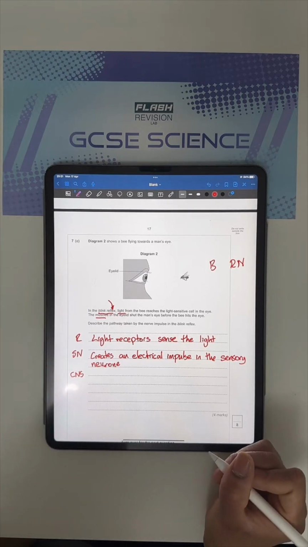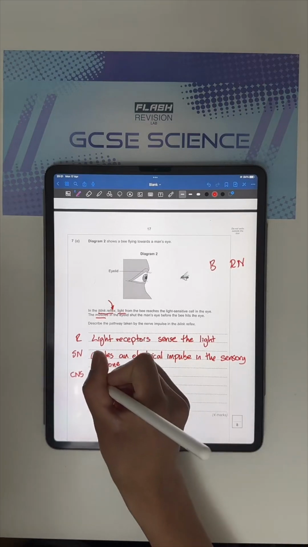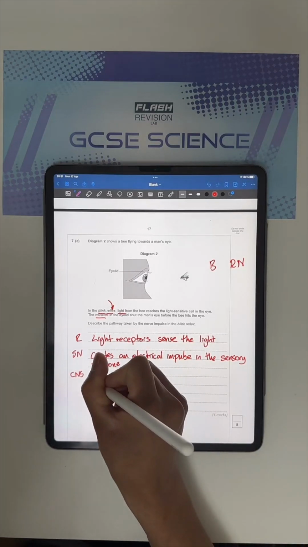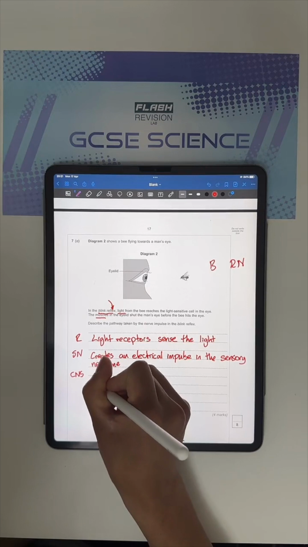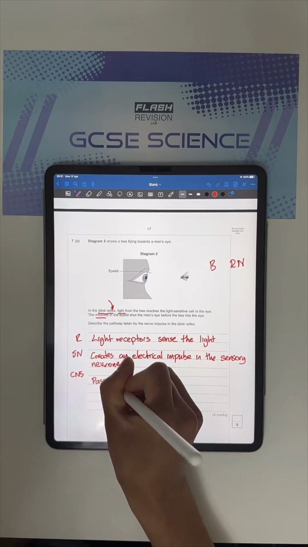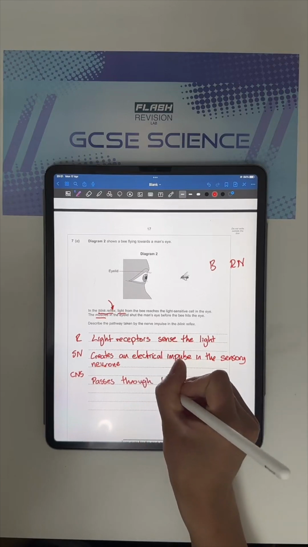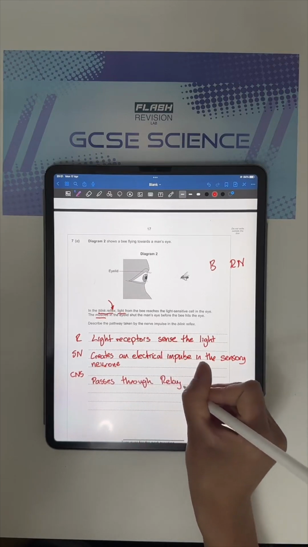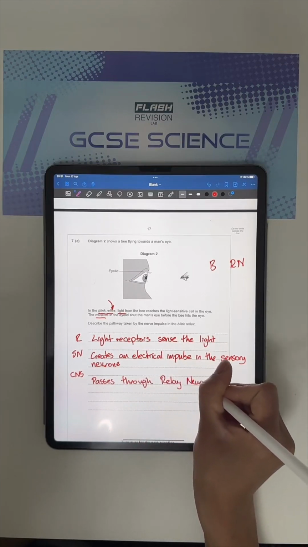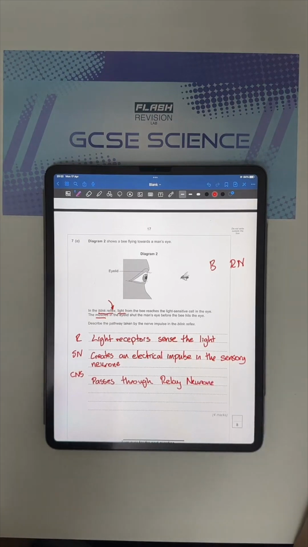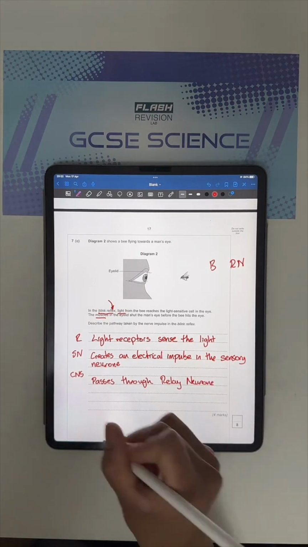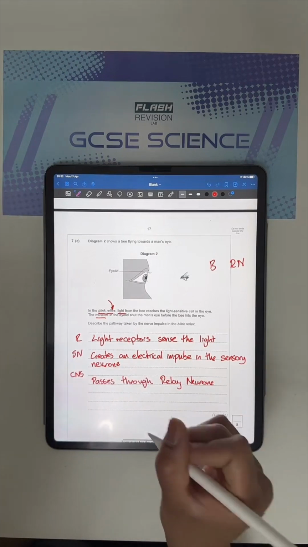So then you say that the electrical impulse passes through the relay neuron. And then from there, it goes to the motor. Well done for everyone who said relay.